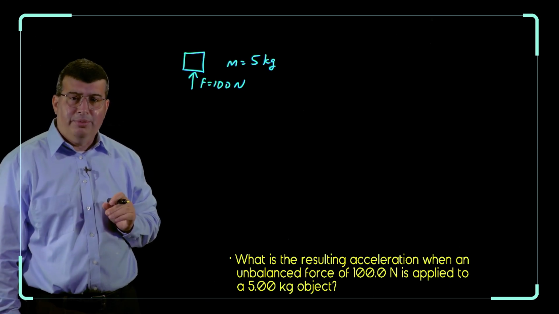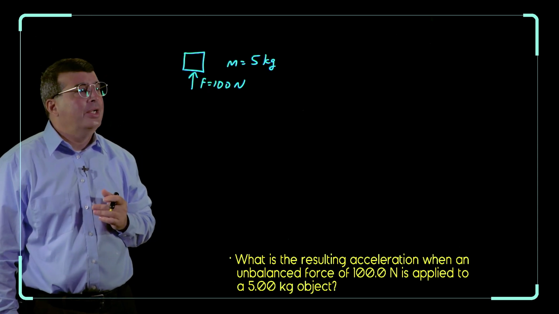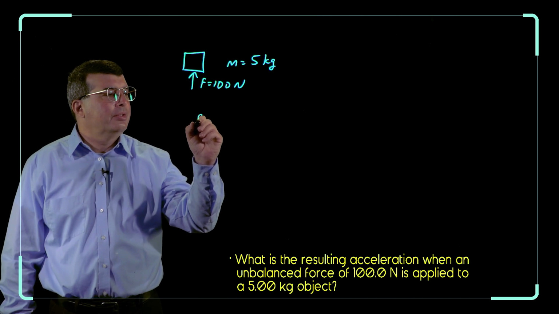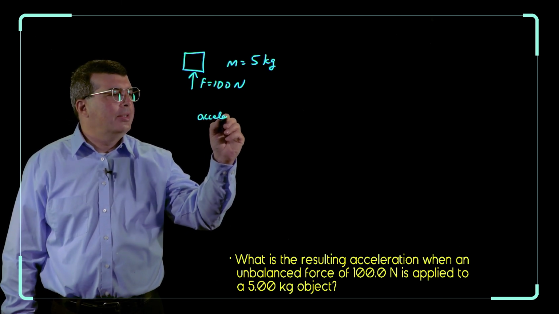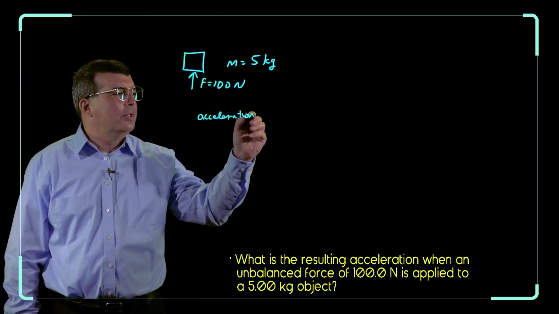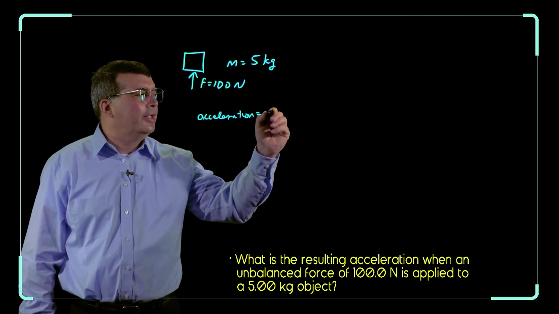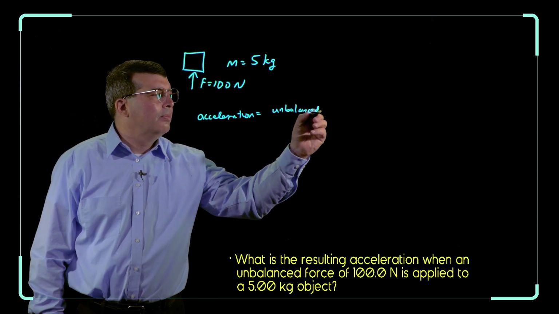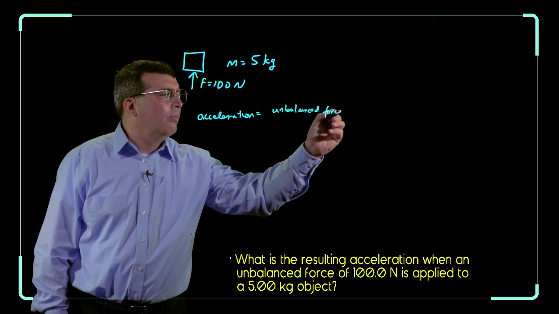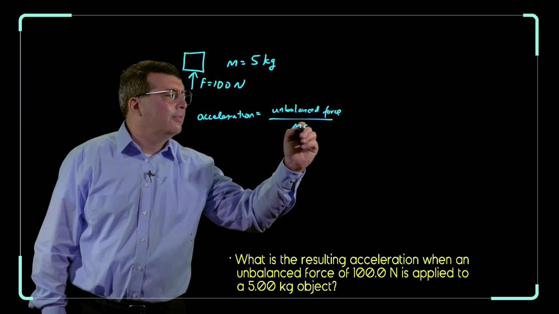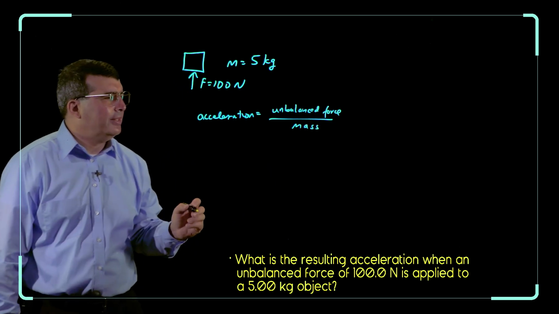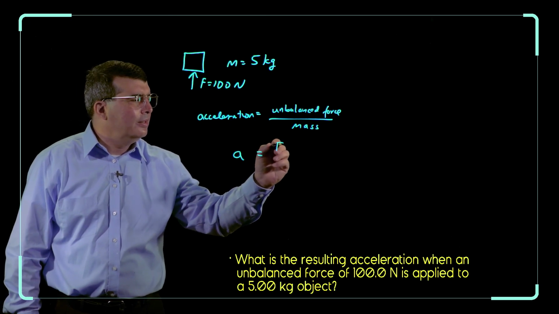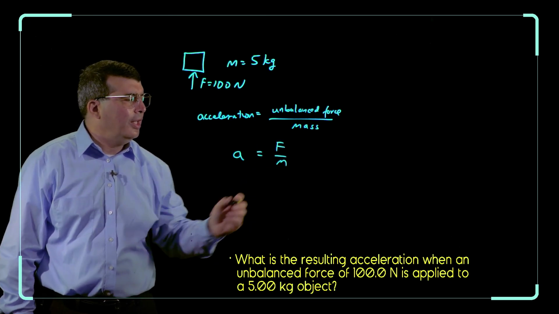Well, the principle is Newton's second law, so I can write out acceleration equals the unbalanced force divided by the mass, or in symbols, a is equal to F over m.